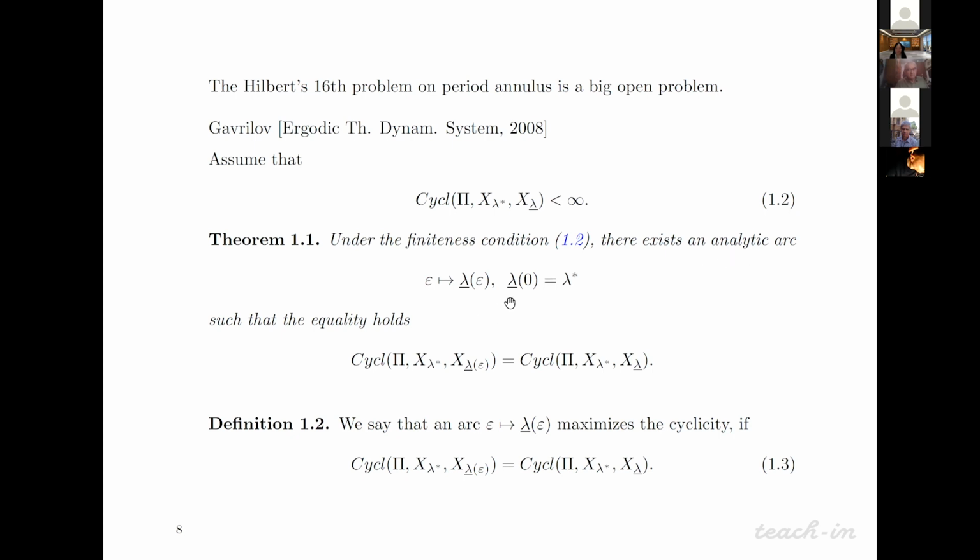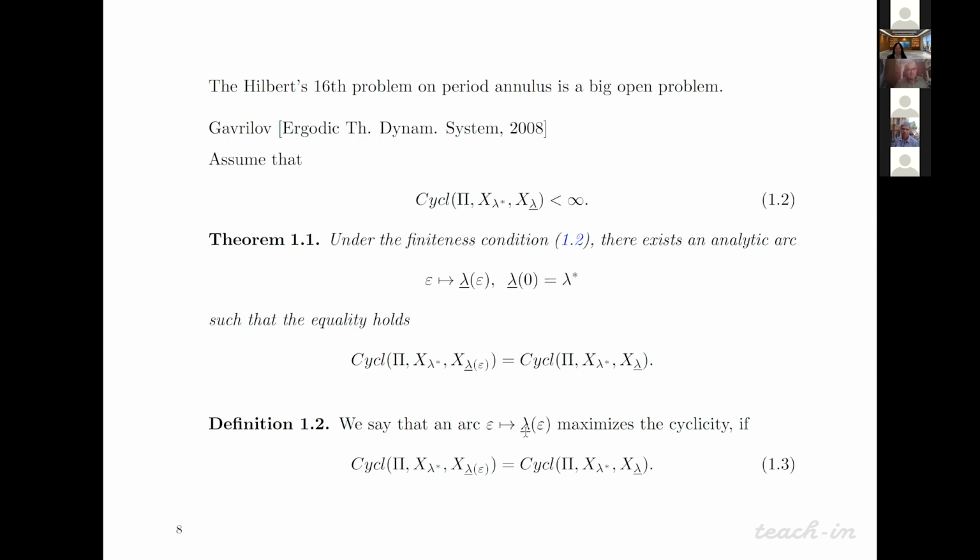That means for the general case, where we consider perturbation with N parameters, you can choose a small perturbation with one parameter, epsilon. This is one curve along which you get the maximum number of limit cycles. We denote this arc epsilon to lambda bar epsilon, achieving the maximum cyclicity.